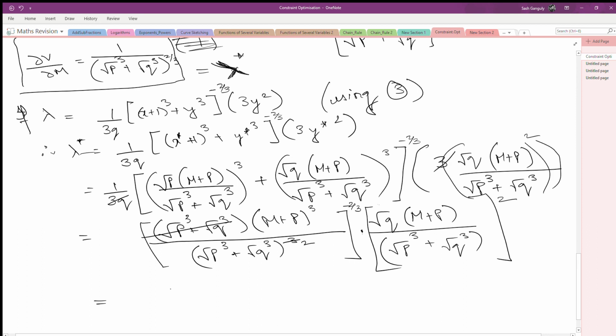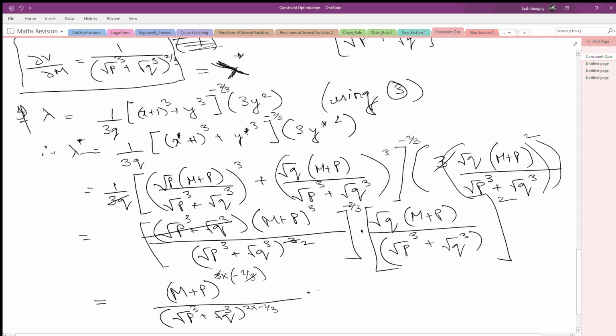So then this will be m plus p cube times minus 2 by 3, right? That will cancel out, upon root p cube plus root q cube to the power 2 into minus 2 by 3, right?